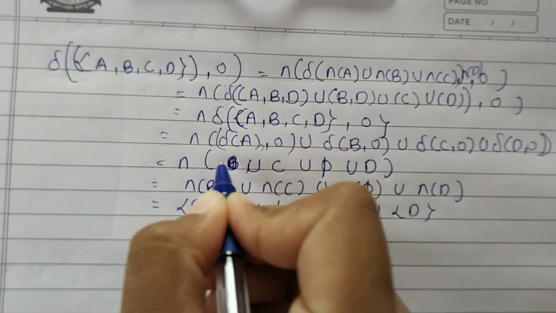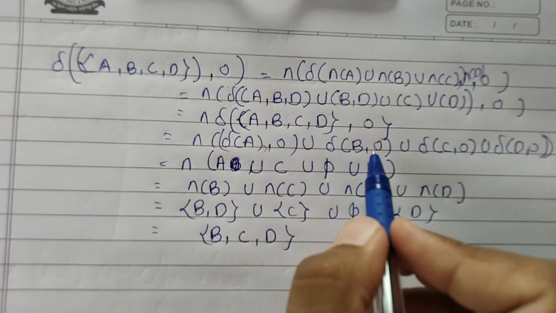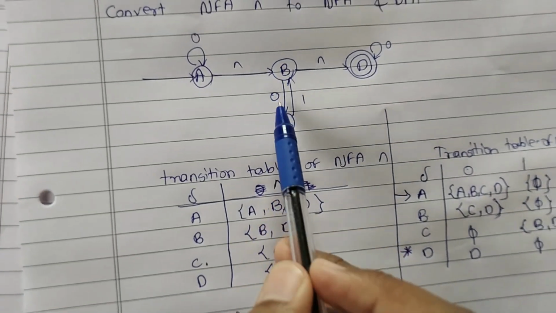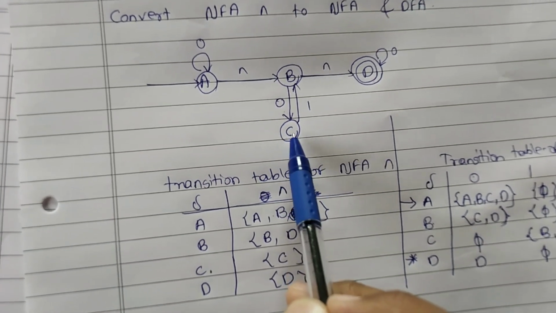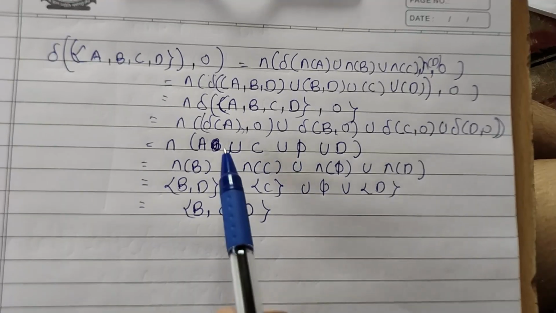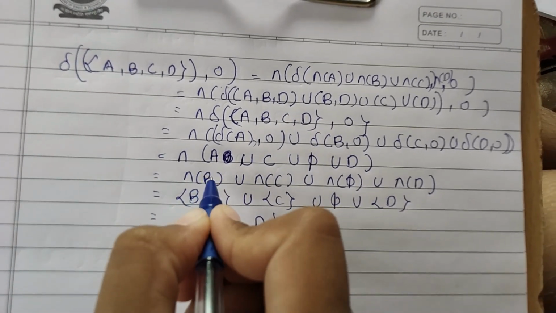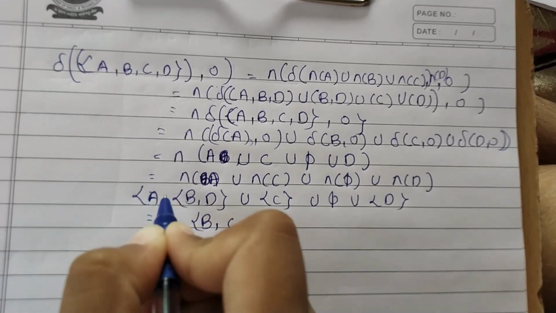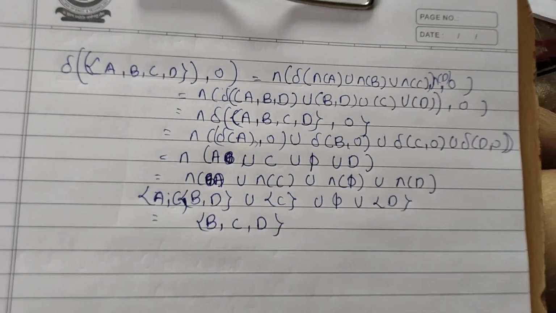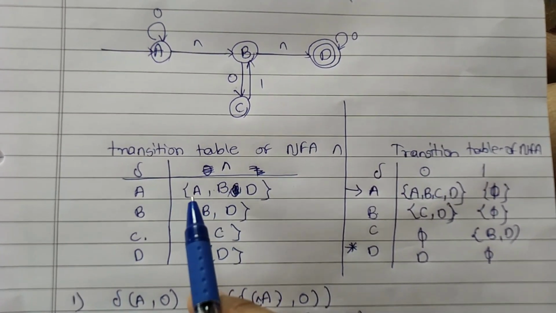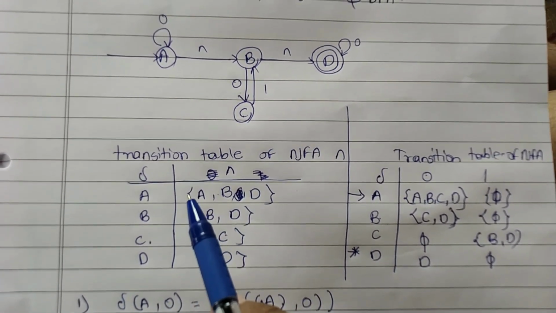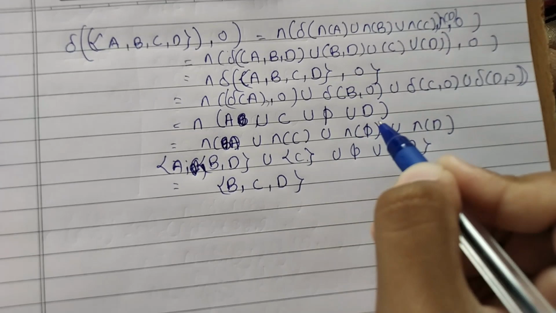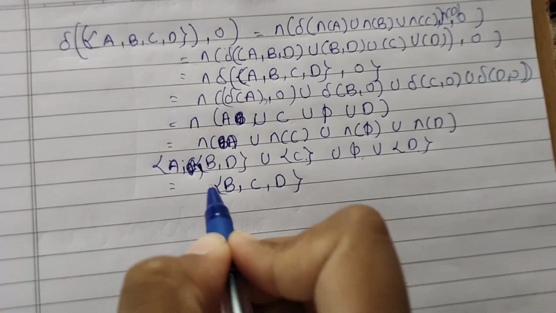So here by mistake we put B, and B comma 0 reads in C. C comma 0 is null and D comma 0 is D. Now null of A is ABD, null of C is C, null of phi is phi, null of D is D. So this is now the union.